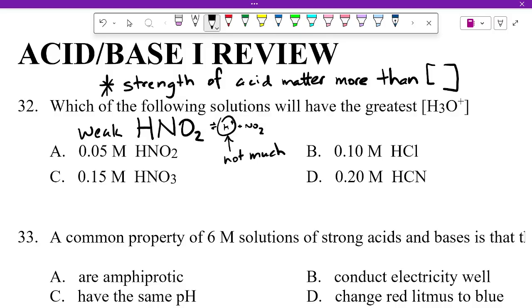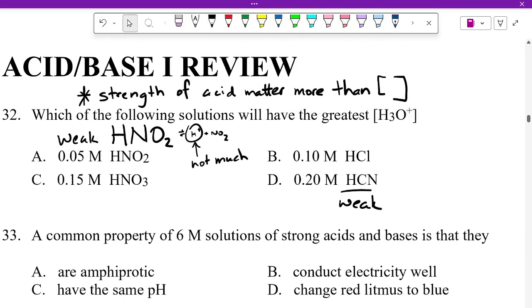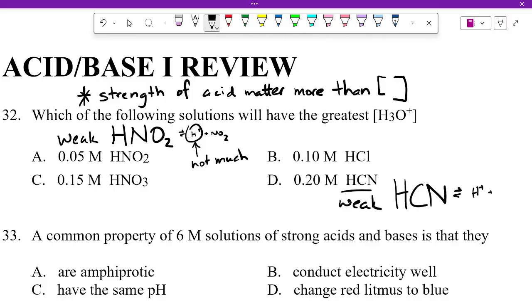Another one that is weak is here. Okay, so that one is also weak. So again, we have lots of HCN and only a little tiny bit of H+ and CN-. So again, not much because it's weak.